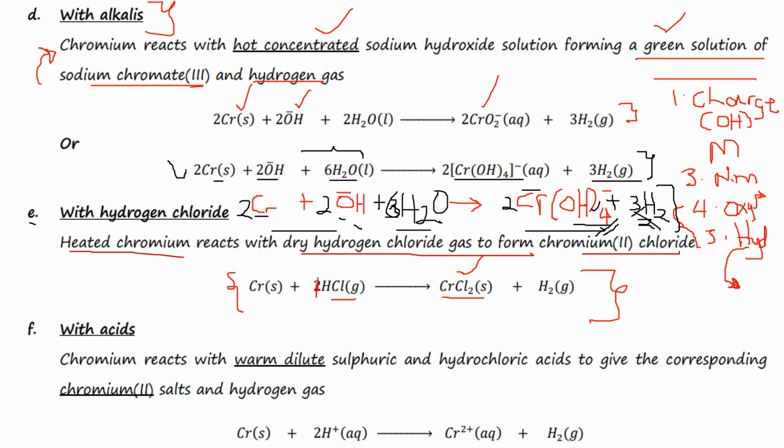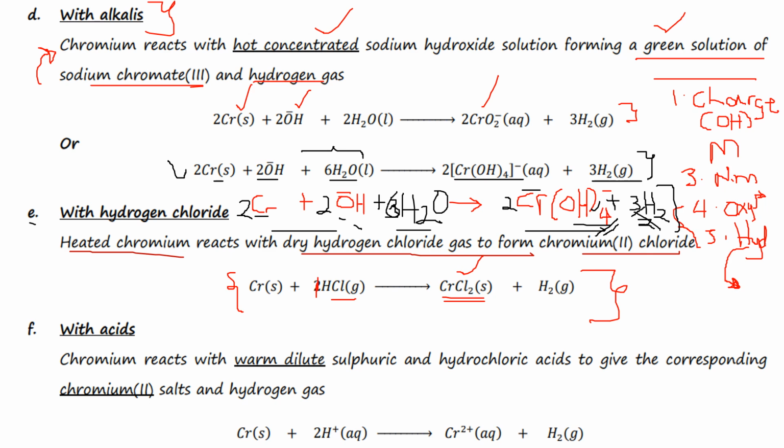So when chromium is heated with dry hydrogen chloride gas, we form a compound in the lowest oxidation state, which is chromium 2 chloride. But if we react it with chlorine directly, remember that chlorine is an oxidizing gas, so it's going to form the most stable oxidation state, which is chromium 3 chloride. So this is the only way we can form chromium 2 chloride.